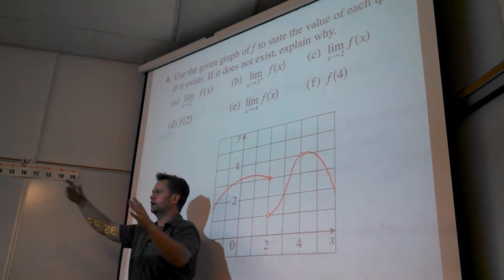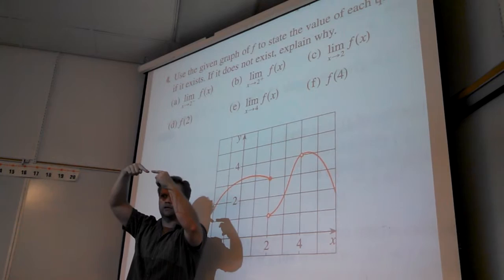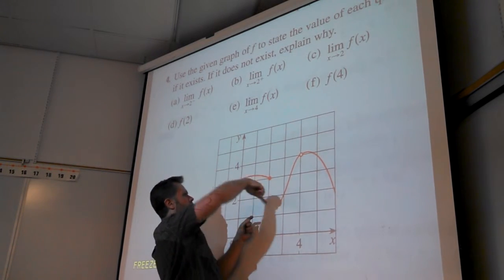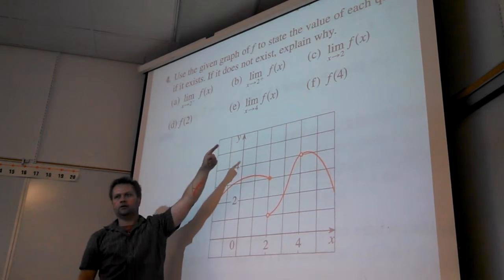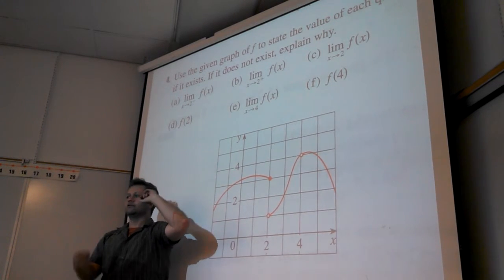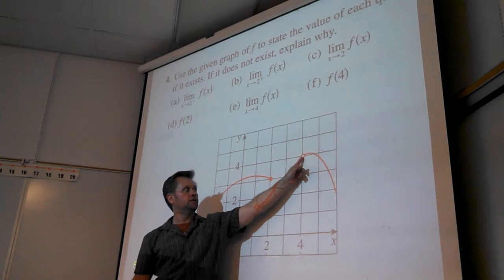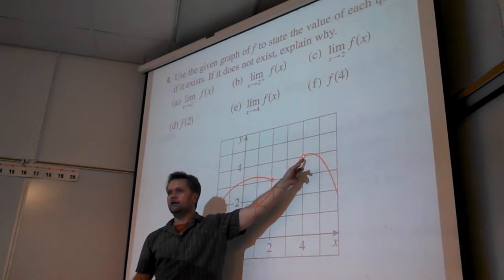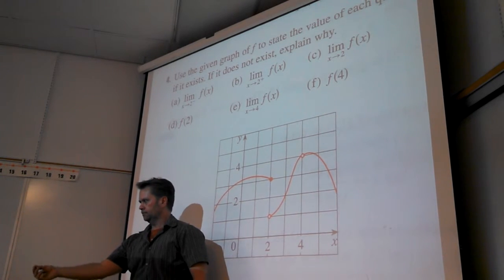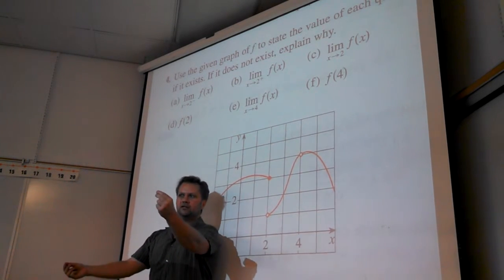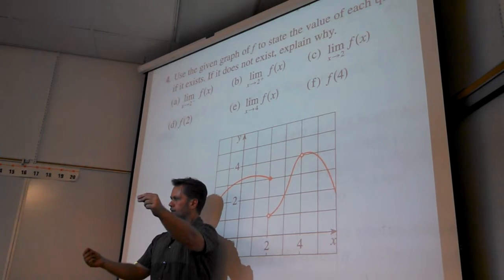It was a parabola, so I knew it was going to go to the same place from both sides. But here I have this funky thing, but thankfully they are both going to 4. But what is f of 4? Undefined, right? Because there is an open circle there. So you see how the function value at an x value has nothing to do with what the limit is at that value.